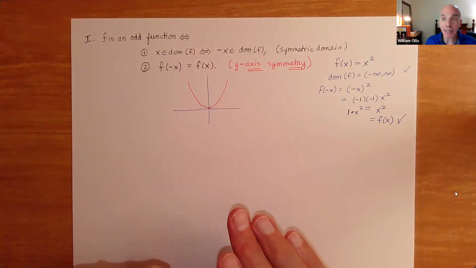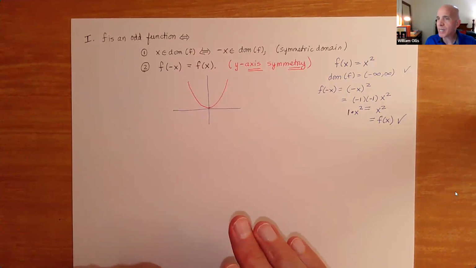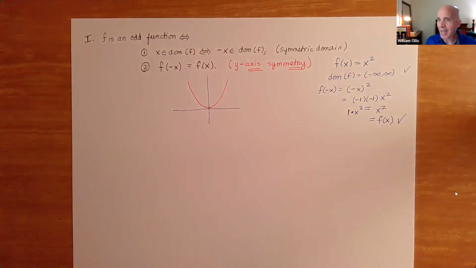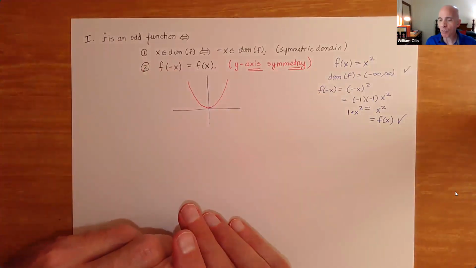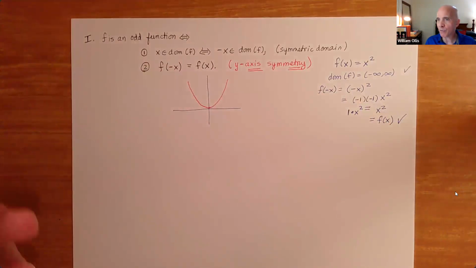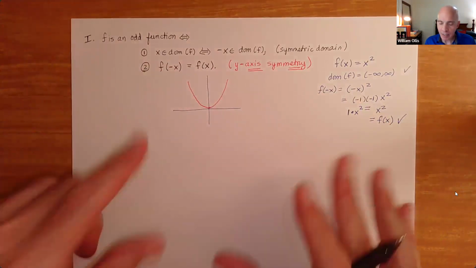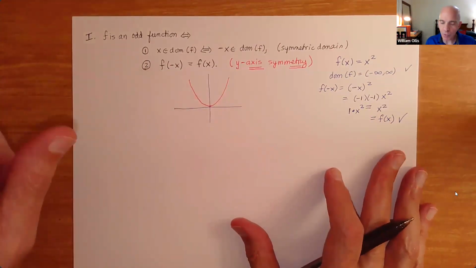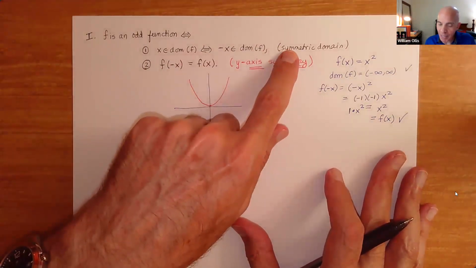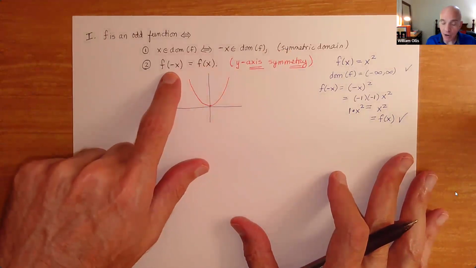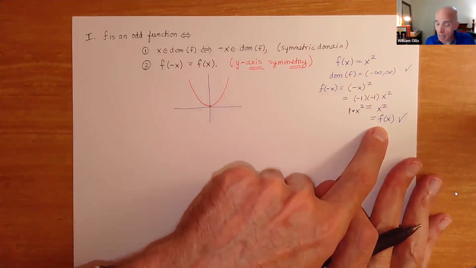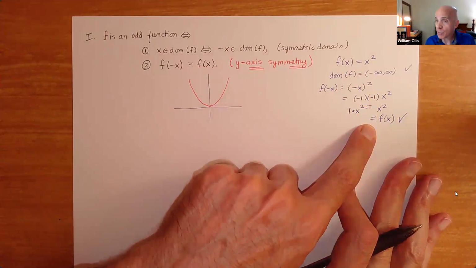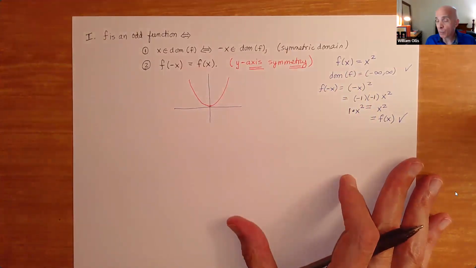Once we realize that a particular function satisfies the definition of even, then when we sketch the function, we want to make sure that the y-axis symmetry is apparent. We're not Rembrandt, so it's not going to be beautiful, but it should at least illustrate the y-axis symmetry. Remember, with the even function, you need the symmetric domain, and then the function itself will absorb the additive inverse. The negative absorbs by using the properties of real numbers, which is very useful.